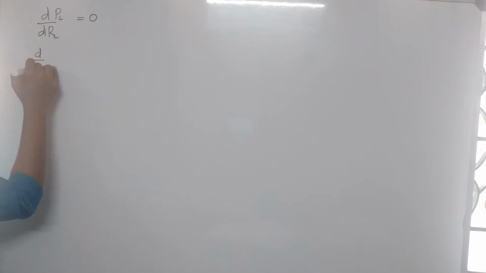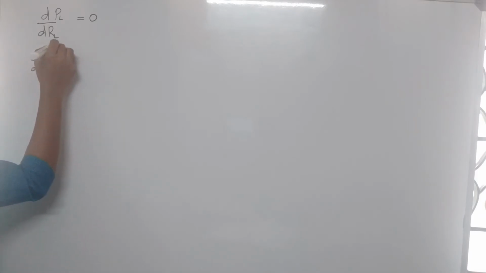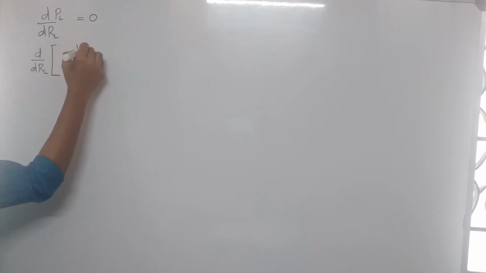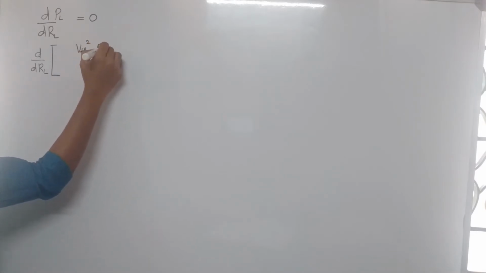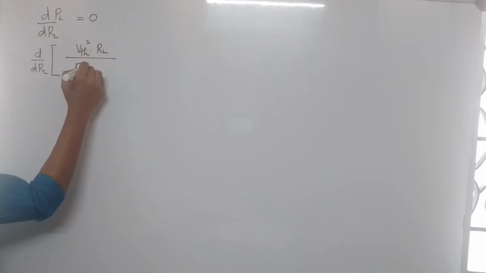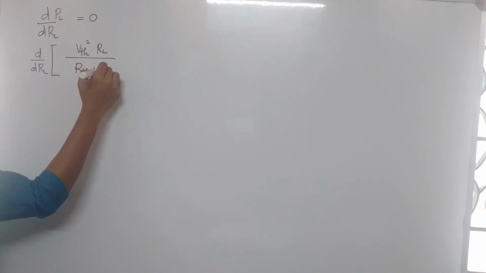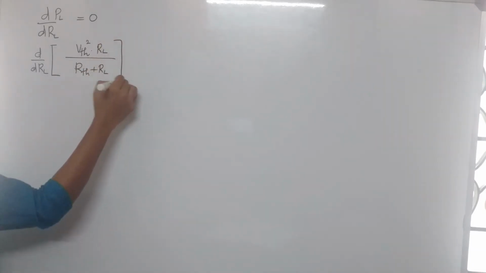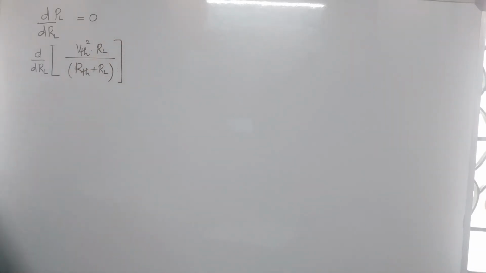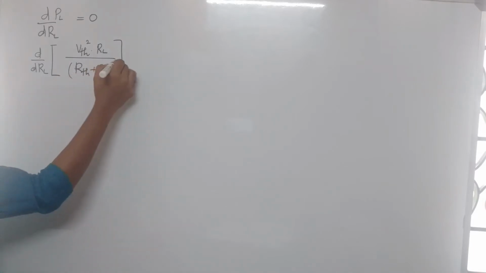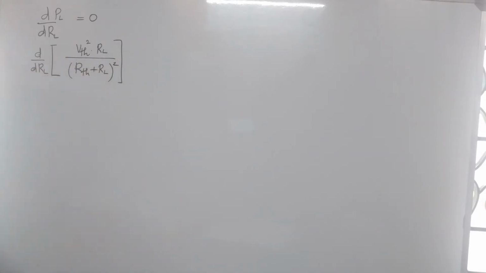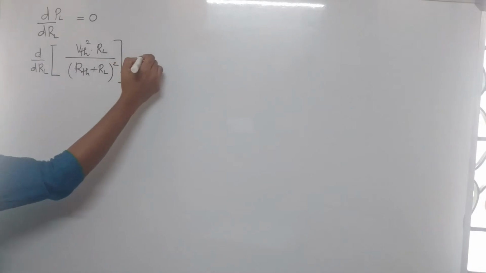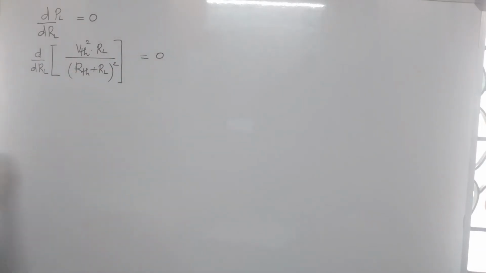Now we know what PL is. PL is VTH squared into RL by (RTH plus RL) the whole square. This should be equated to 0.